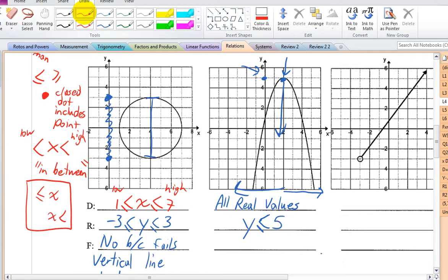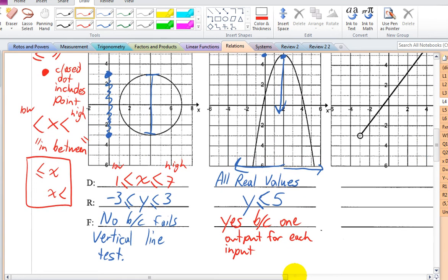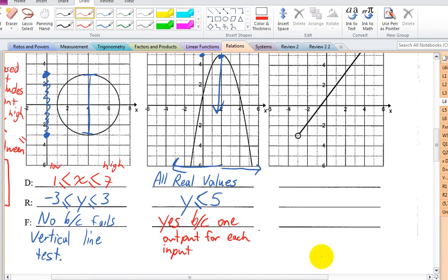Okay. Is it a function? Yes. And that's because there's one output for each input. Okay. Good. Any questions?